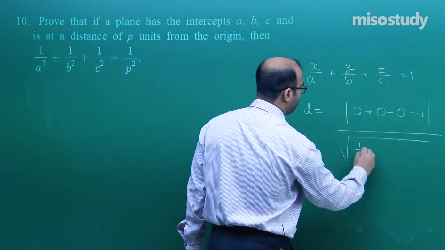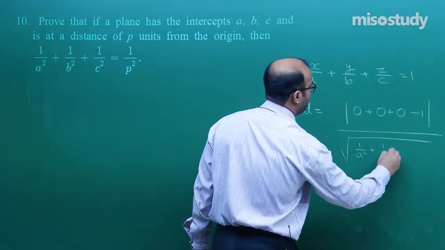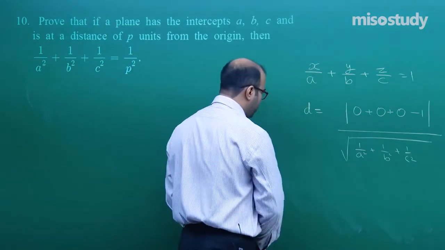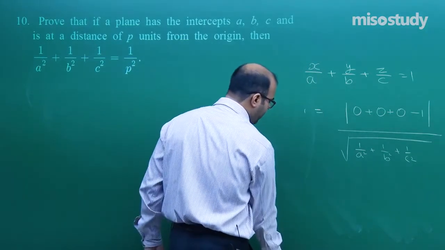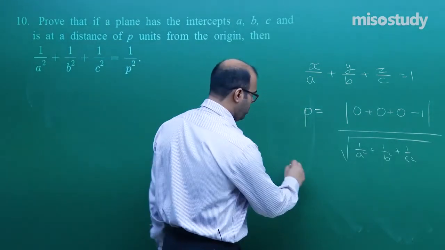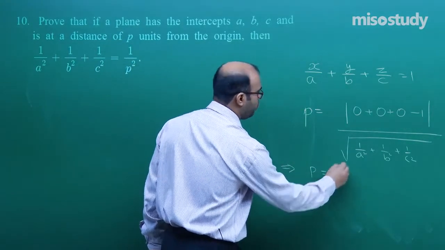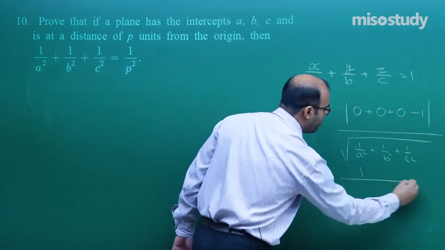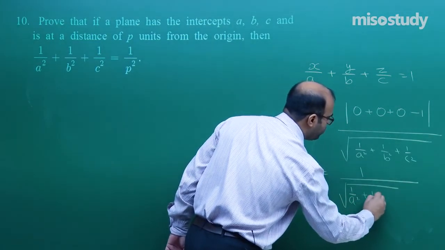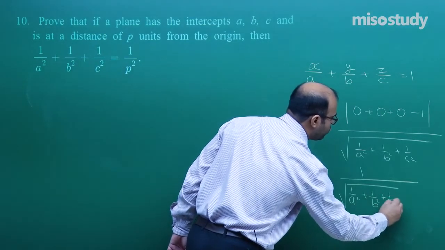So 1 by a square plus 1 by b square plus 1 by c square. And if you see the question, this d is already given as p. This is the p unit distance from the origin. So we can say p is equal to 1 by root over 1 by a square plus 1 by b square plus 1 by c square.